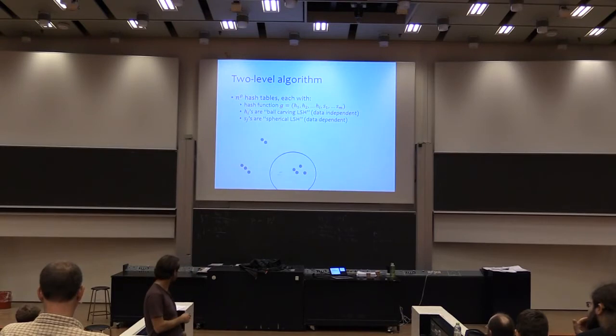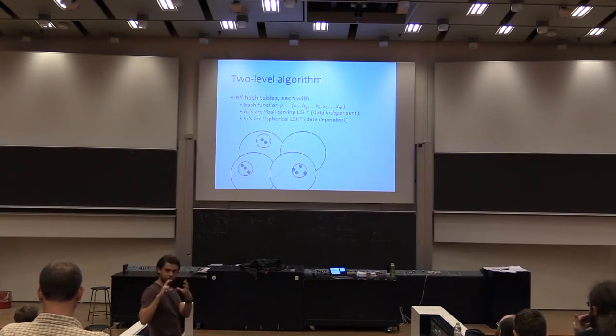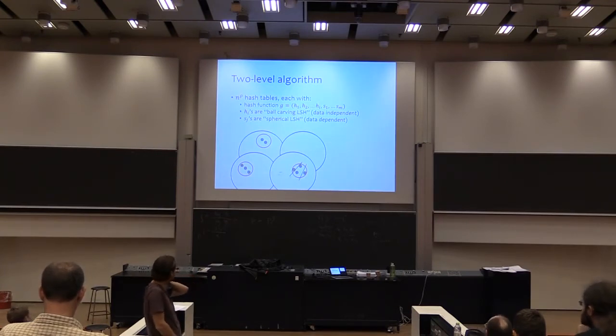So pictorially, for example, at the beginning we do this ball carving. This is roughly how the coarse partition will look. And then once we have pre-partitioned the point set using LSH, we will go inside, we will find these minimum enclosing balls, we'll tighten them around the points, and then we will use this second LSH, which is cap carving.